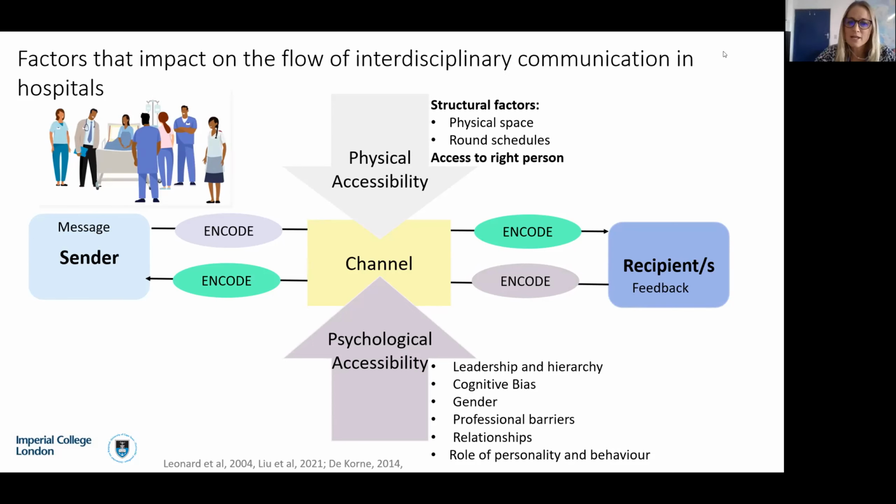Then we look at psychological accessibility, and I'm sure you can recognize many of these. This relates to hierarchy and leadership. Then there's something that I'm quite interested in, and it's referred to as cognitive bias, and that's the inherent bias that we have towards either another profession or another kind of person that either enables you to hear the message clearly or hinders.